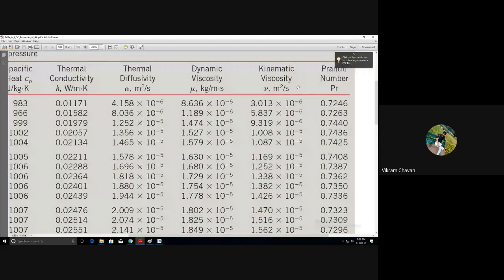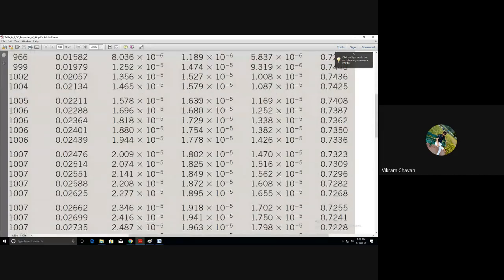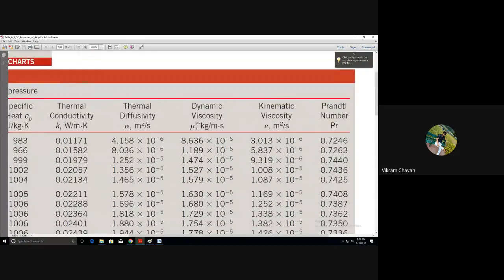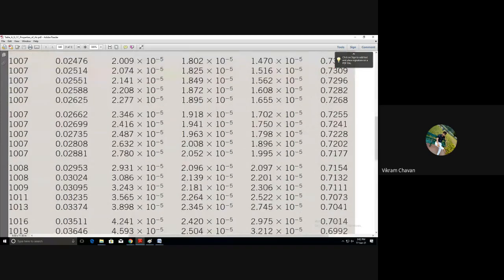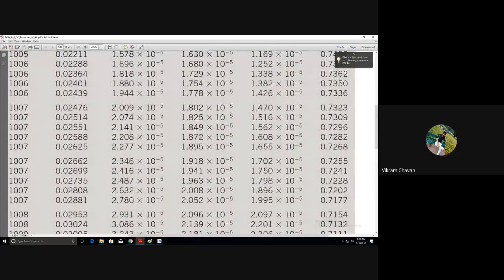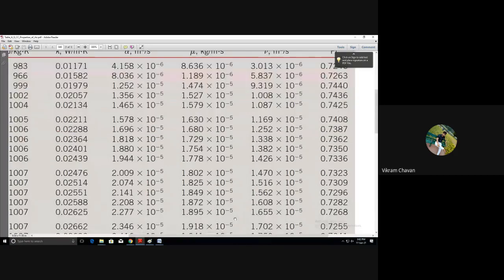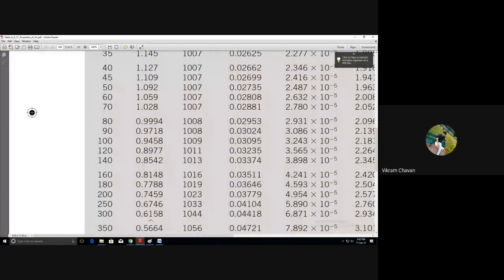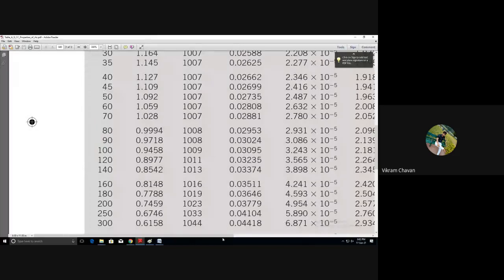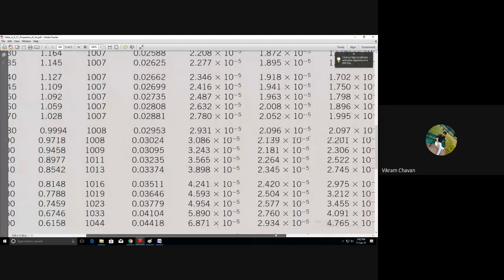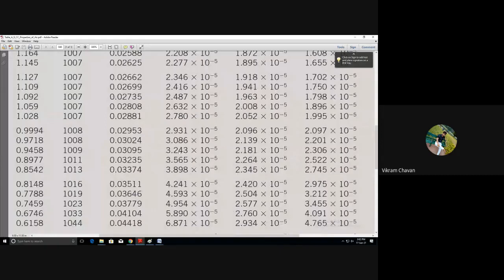Then kinematic viscosity. No, dynamic viscosity is also there, mu, for 100 degrees Celsius. Third column, dynamic viscosity at 100 degrees Celsius: 3.243 multiplied by 10 raised to minus 5.